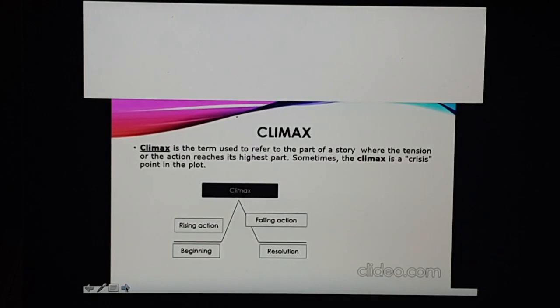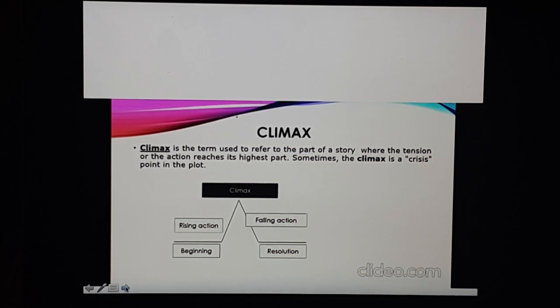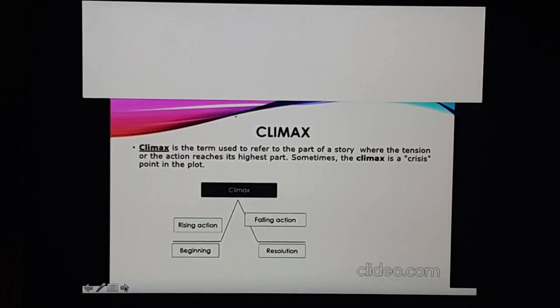Then comes the climax. Climax is the most interesting part of the story. Climax is the term used to refer to the part of a story where the tension or the action reaches its highest part. Sometimes the climax is a crisis point in the plot. So how does it happen? First, the story moves about in such a way that this climax begins.